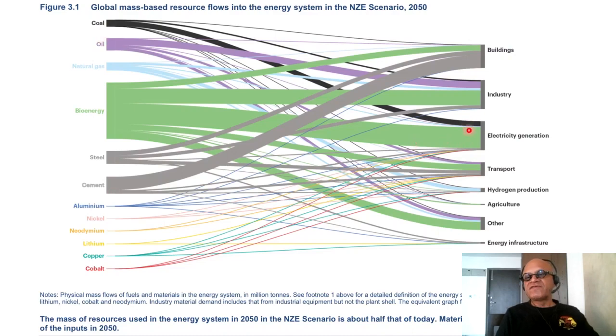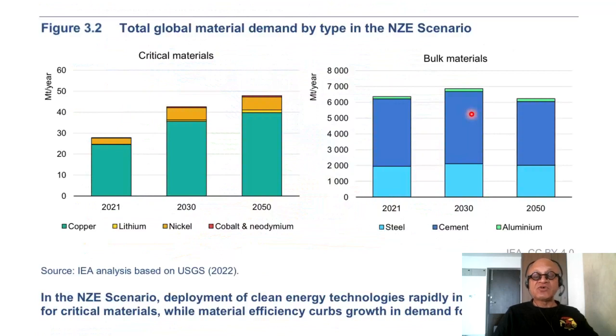Coal is still there feeding electricity generation and slightly industries. Oil is still there feeding everybody, and so on. So net zero emission scenario by IEA doesn't completely remove coal for the future. It still keeps a bit of it, but relies on technological promise of bioenergy with carbon capture and direct air capture and so on.